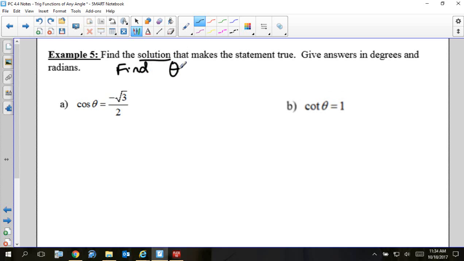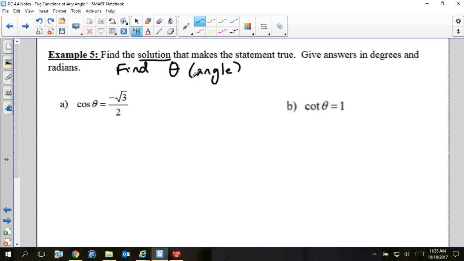It's an angle. And then if you read more of the directions, give answers in degrees and radians. So we need to know where cosine of theta is negative radical 3 over 2.